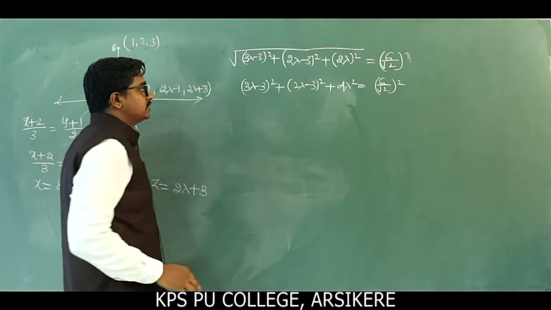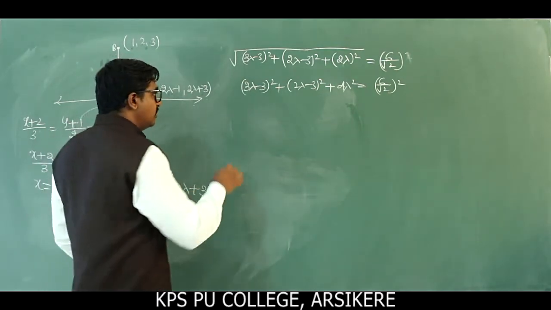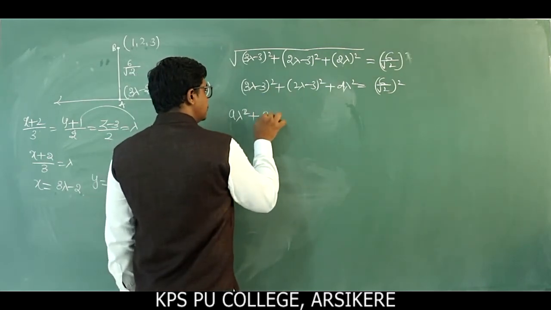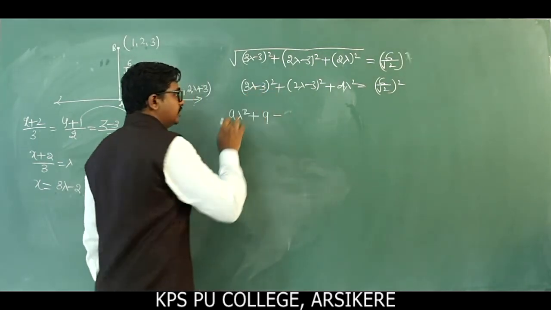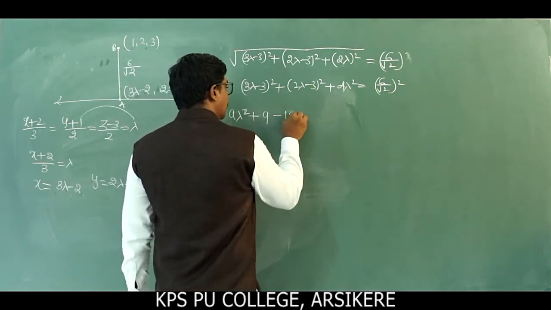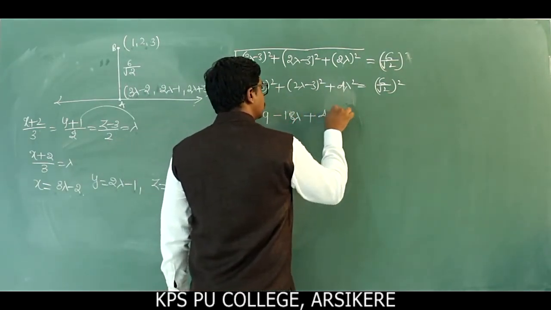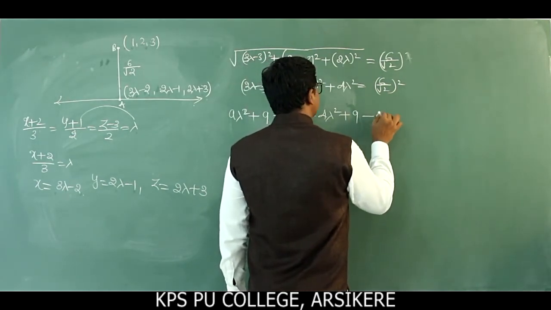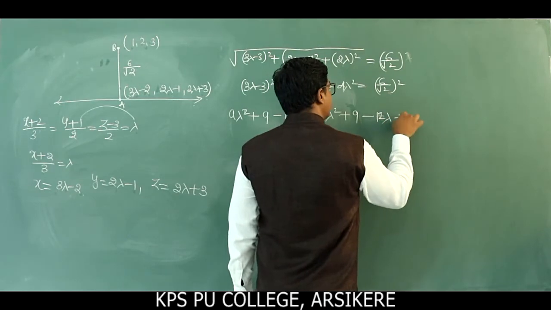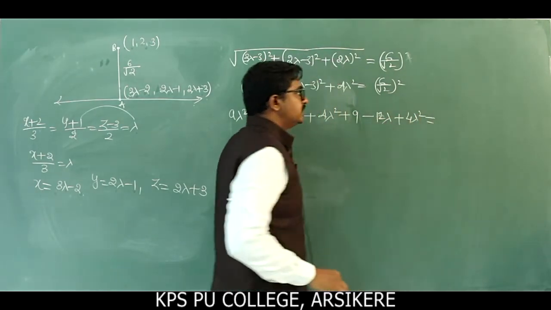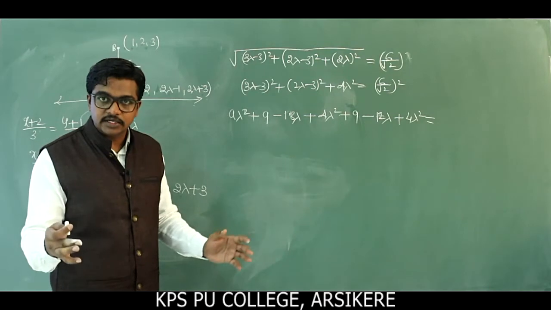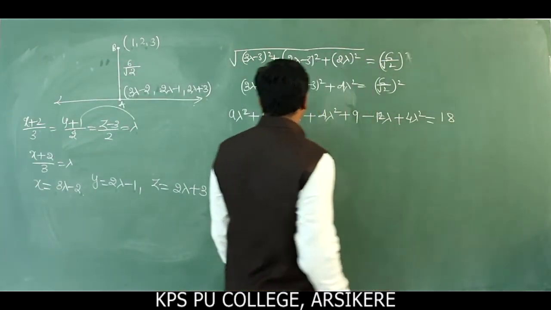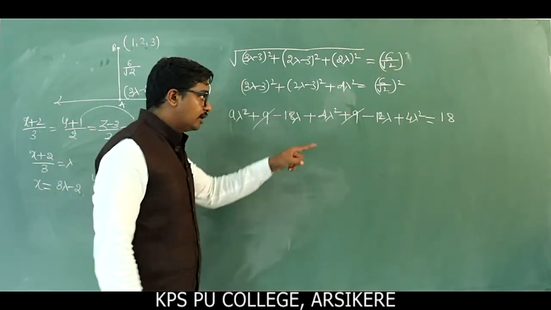Simplification: expand (3 lambda minus 3) whole square using (a minus b) whole square, we get 9 lambda square minus 18 lambda plus 9, then plus 4 lambda square minus 12 lambda plus 9, plus 4 lambda square is equal to 36 divided by 2, which is 18. Here 9 plus 9 is 18 and the right hand side 18 get cancelled.